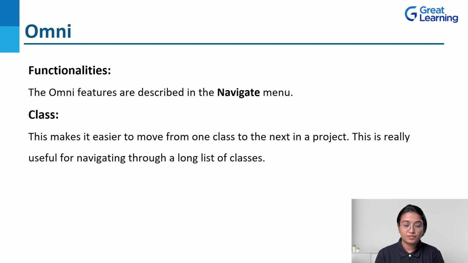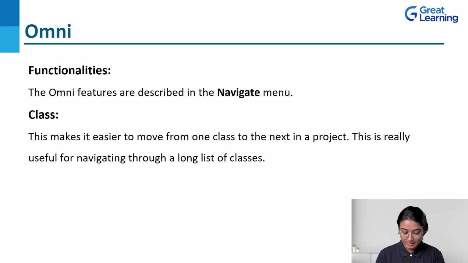The first thing you can see there is class. Class helps you to easily move between the classes which you use in the code. Say for example, it is a big project and you have numerous classes. All these classes in one particular code you can quickly access by using Omni and the class option.